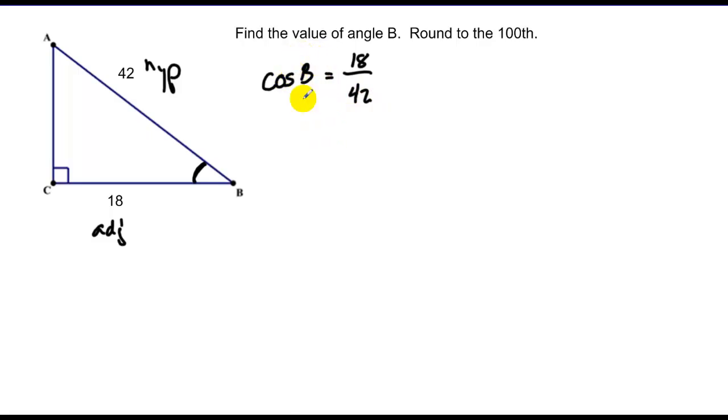Now, if we want to get B by itself, we have to take an inverse cosine or an arc cosine. So I say B equals the inverse cosine of 18 over 42. Sometimes they call this the arc cosine.